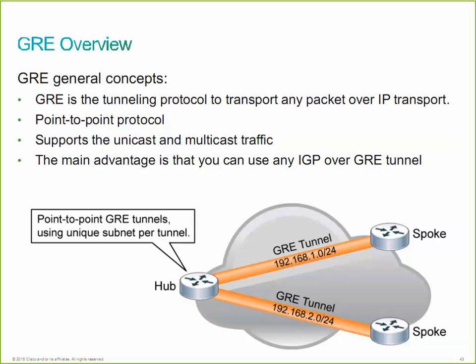But in order for us to establish any kind of enterprise managed VPN, we have to have a solution that will allow us to tunnel any packets, multicast packets, broadcast packets, unicast packets over whatever the transport network is. GRE can tunnel unicast packets, and it can tunnel multicast or broadcast packets. So this is a great tool to allow us to tunnel routing protocols, regular routed protocols, and IP unicast, multicast and broadcast traffic.